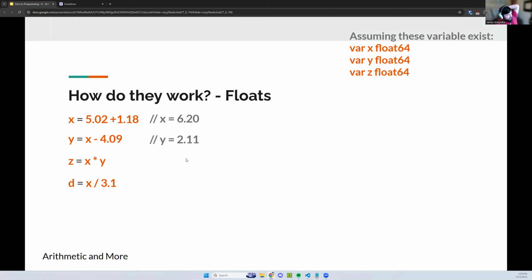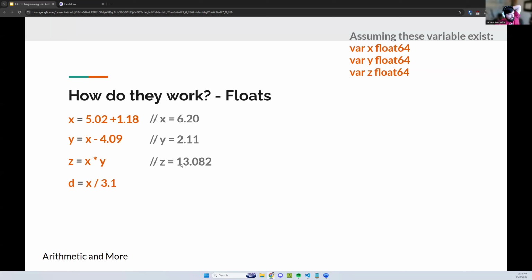Oh man, and then I'm not going to do this in my head, but 6.2 times 2.11, very simple, just how it works. But if we draw it out and do the math, it ends up being 13.082. Makes sense.